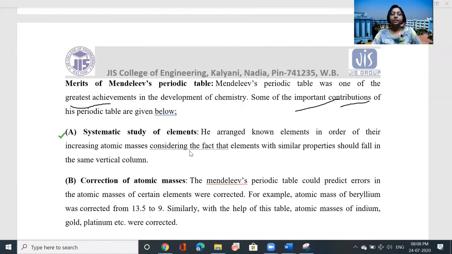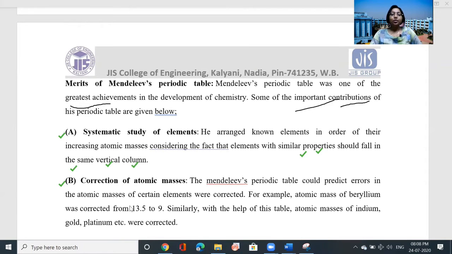A. The systematic study of elements. He arranged known elements in order of their increasing atomic masses, considering the fact that elements with similar properties should fall in the same vertical column.